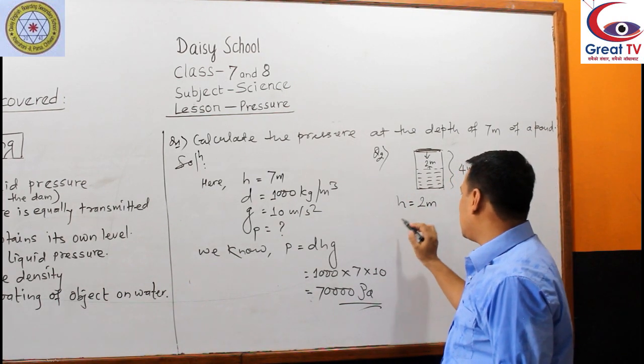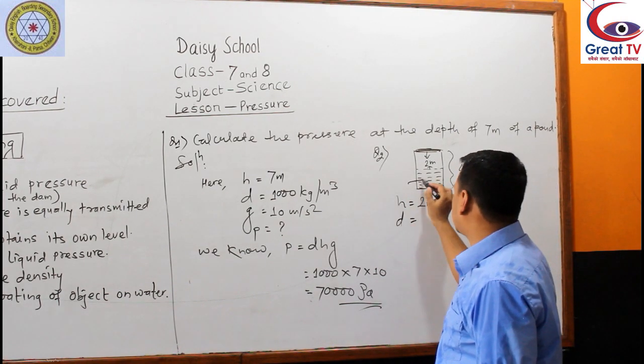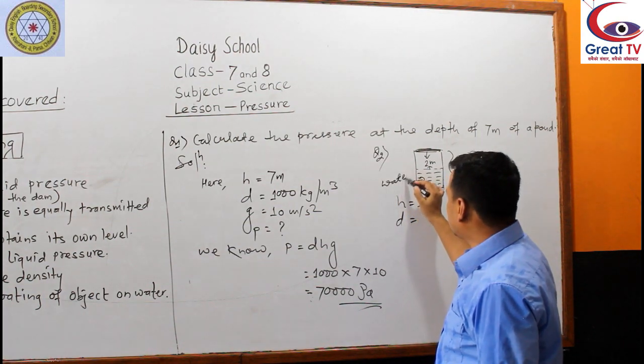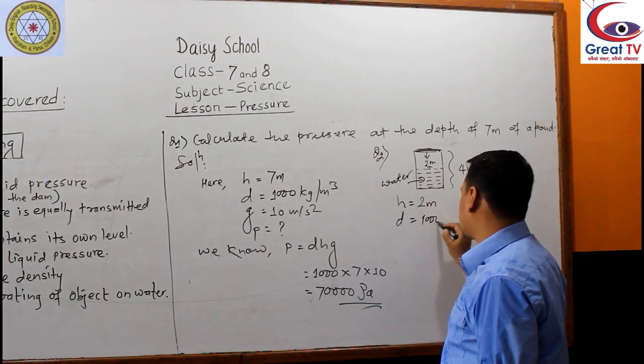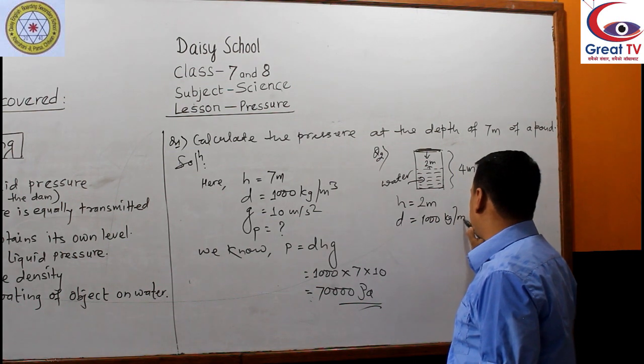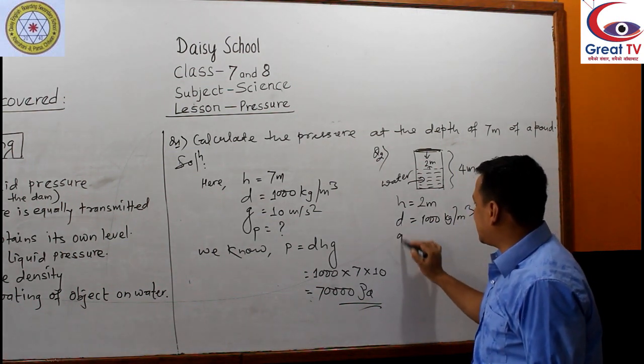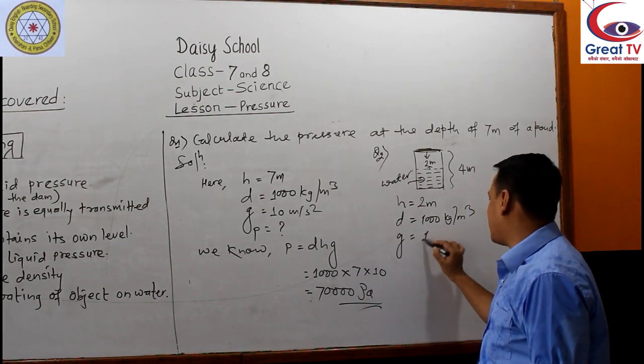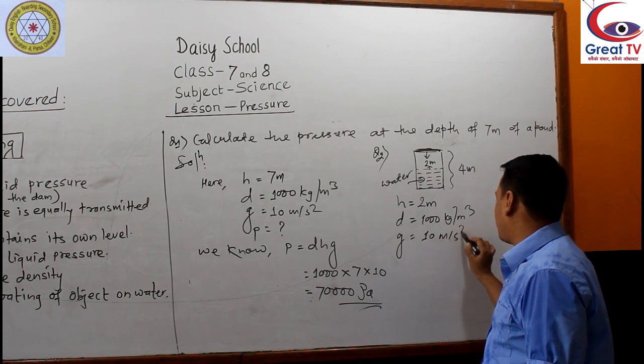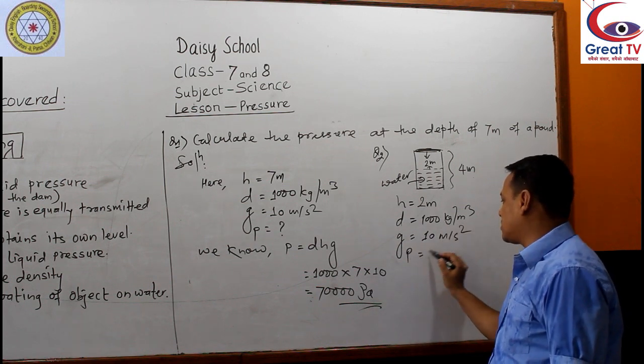Similarly, density of water is the same, 1000 kg per meter cube, and acceleration due to gravity is the same, 10 meter per second squared. So pressure equals to what?